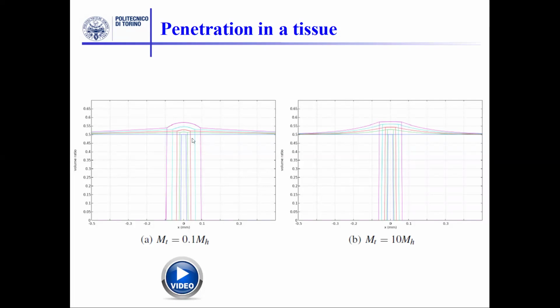Instead, if the inside is very motile, in the tumor you have a solution that is almost flat, and the tissue is compressing outside, like in the picture on the right. This is not really interesting.